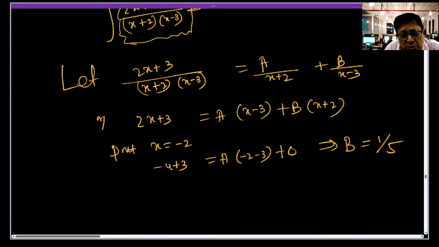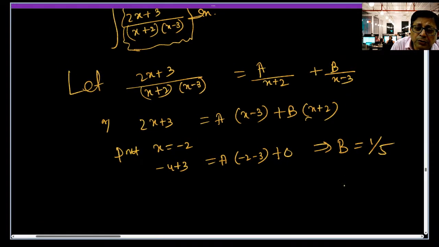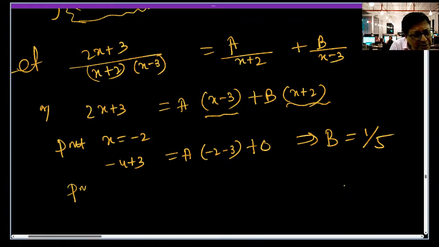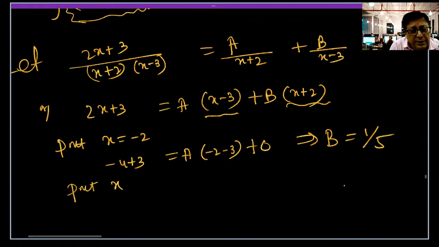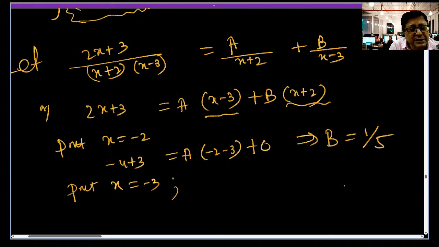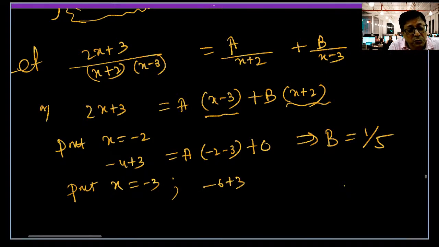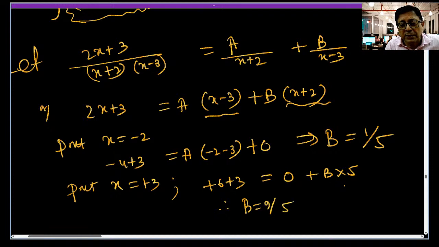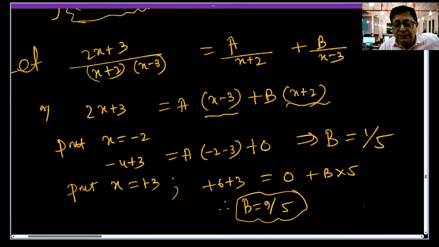You have to get the value of b also by putting x equal to minus 2. If I get a, then by putting x equal to 3, we get b. No, x equal to 3. 0, b into 5. So b will be equal to 9 by 5. Clear?